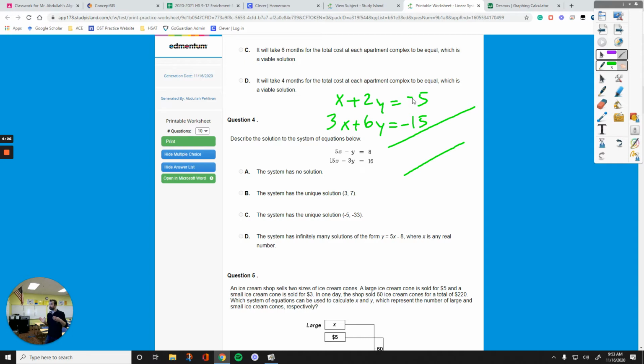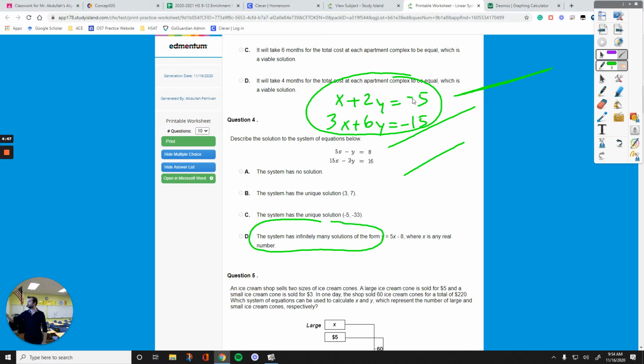That means you're talking about parallel lines. Oh no, my bad. Ignore what I just said. I just described two lines overlapping. So if these two equations give you two lines on top of each other like this, that would have infinitely many solutions.